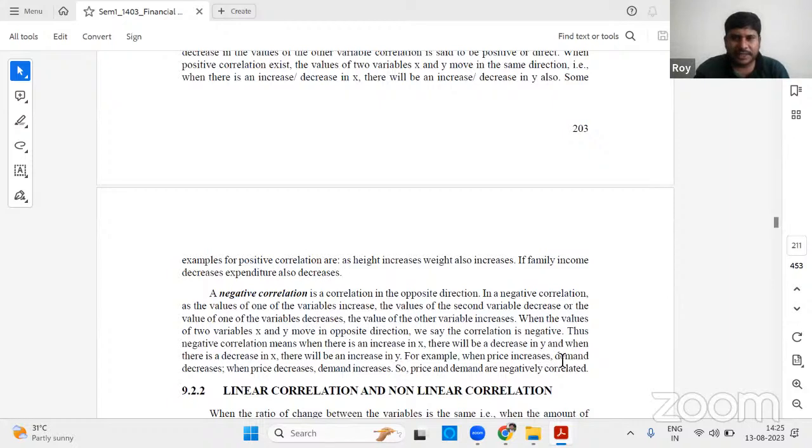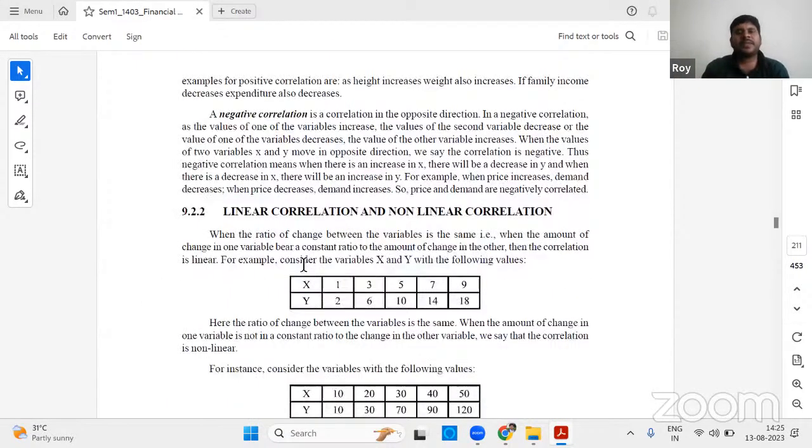For example, when prices increase, demand decreases. When the price of mobiles increases, demand to buy the products decreases. When prices decrease, demand increases. This is negative correlation.